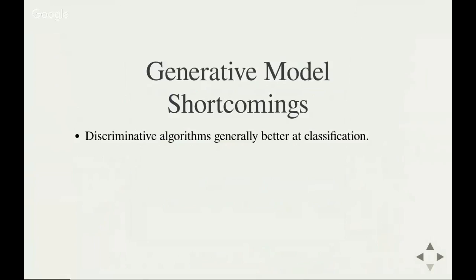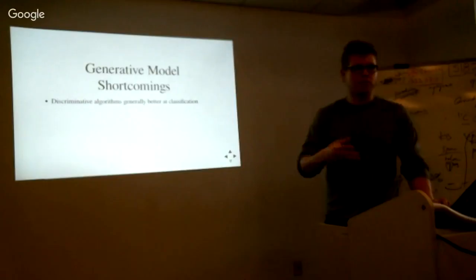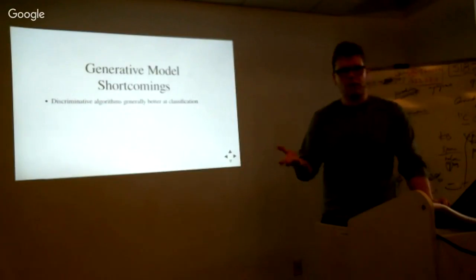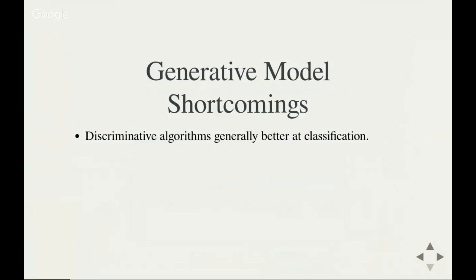And obviously, classification is a major machine learning task that is applicable to a number of domains. So a lot of focus has been placed on using discriminative models for classification, as opposed to furthering generative models for classification, just because we think discriminative models work better, at least up until now, and they give better results.